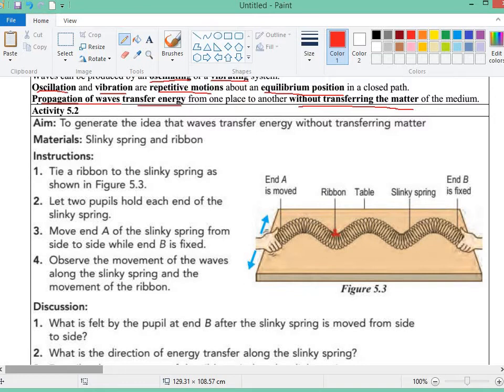You see the spring is still in your hand, right? You can see the wave, the energy transfer, but the spring itself doesn't move. Only the energy moves, but the particles themselves don't move.